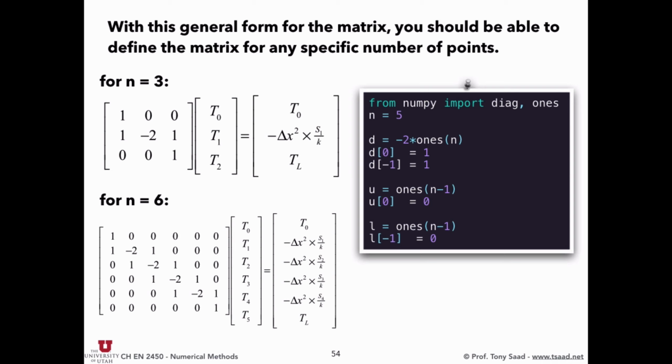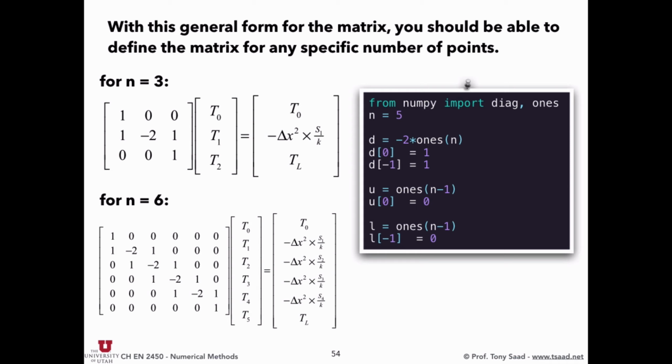But for Python, you want to do this for an arbitrary number of points. And this is how we do it. You define n. And remember, in my lecture, I told you we're going to use a built-in function in NumPy called ones. It generates an array of values equal to 1. The way we construct a matrix like this: for the lower diagonal, we create a vector of ones, and then fix this last value.